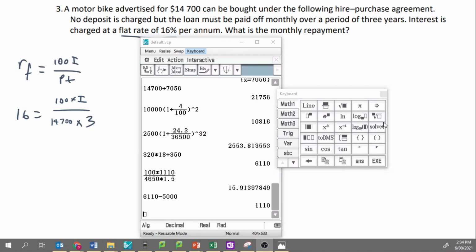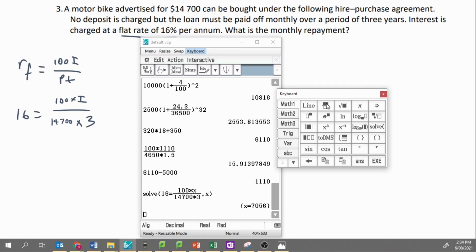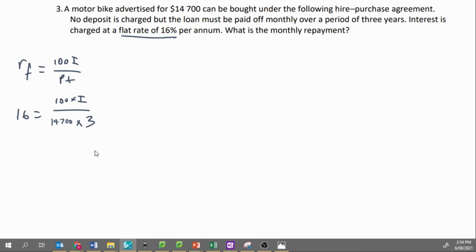So press solve, type 16 equals, put in the fraction, 100 times, I'm just going to call it x, you can put I if you really wanted to, but it doesn't matter which letter we use there. Times 3. And we're solving for x, so you've got to put comma x and enter, and there's your value. She's going to pay a value of $7,056 in interest.